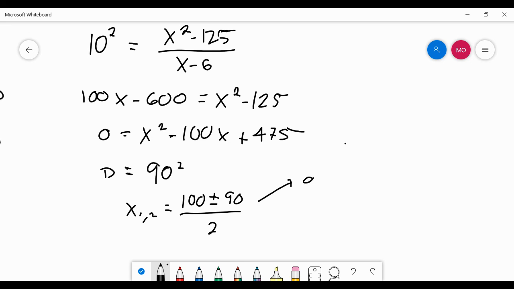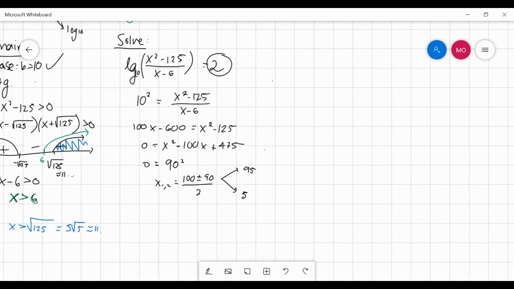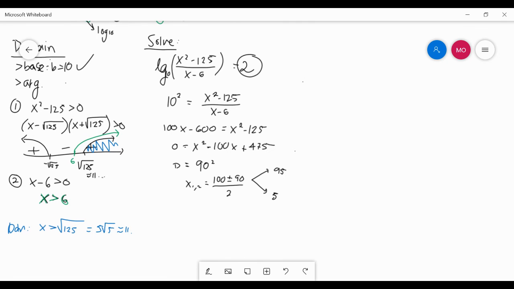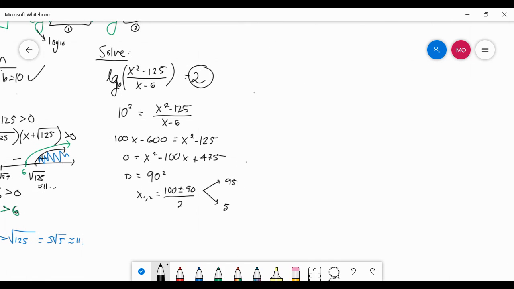So we should get 95 and 5. These are my two values. So now we've got to check to see if they are in the domain or not. Let's zoom out and remind ourselves what the domain is. x has to be greater than 11 point something, meaning that this one here is an acceptable answer, but this one isn't. So our only answer is going to be x equals 95. That is the solution for this problem.